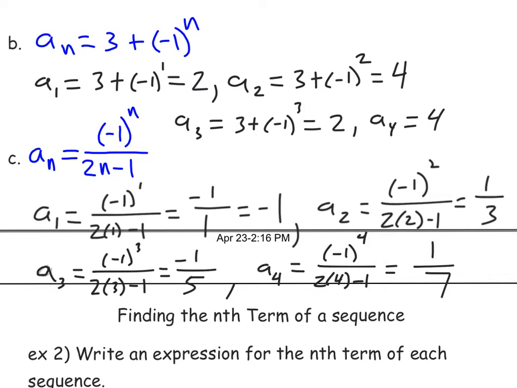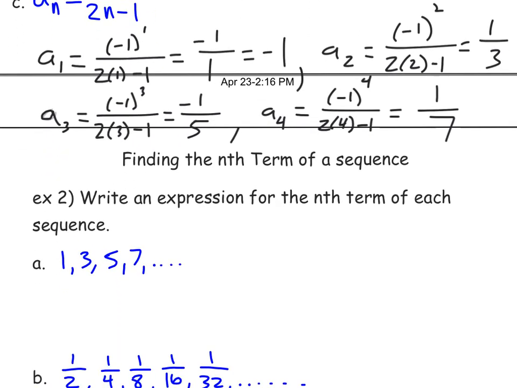So -1, 1/3, -1/5, 1/7. So it seems like those fractions are getting closer to 0, but then they keep swapping positive, negative. So another kind of interesting one.